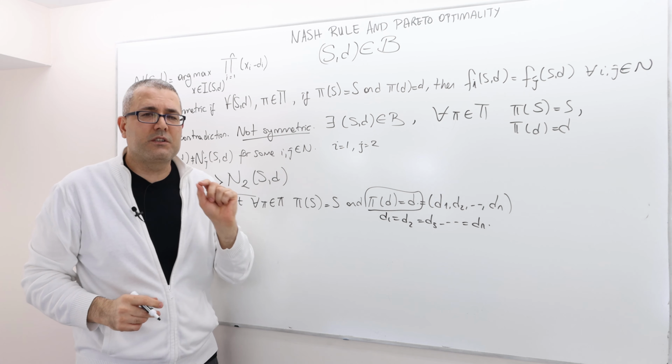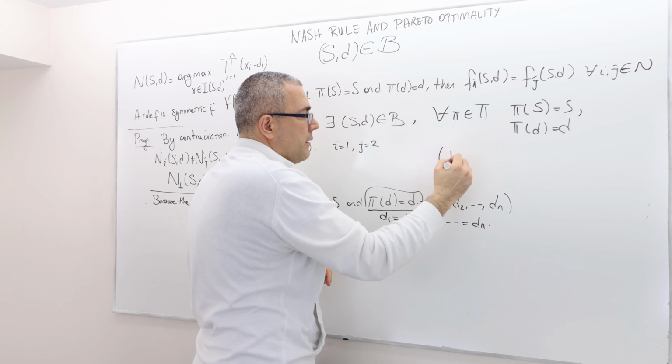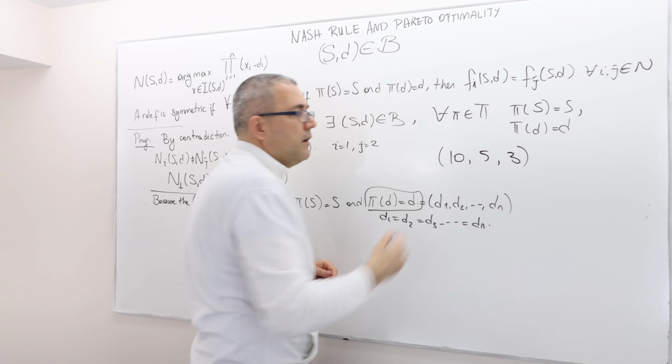If it is not, give yourself a moment. But if D is something like 10, 5, 3, any permutation of this is clearly not equal to D itself. It has to be that all the components of D are the same. I don't know if I'm going to use this. Probably I will. Well, what about this? Can I deduce anything from this? Well, S is not a vector. S is a set.